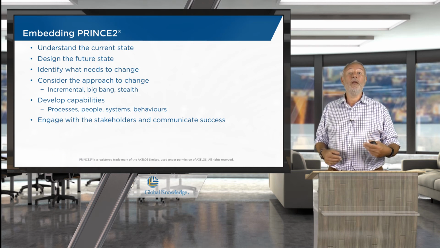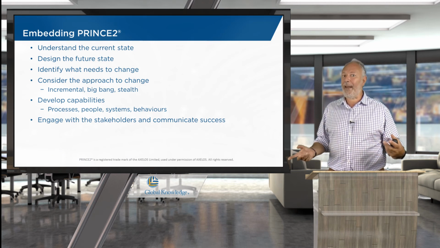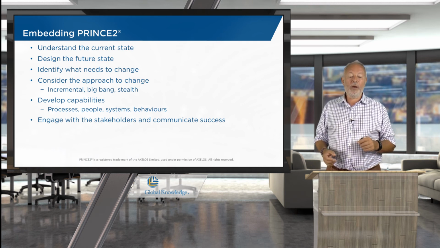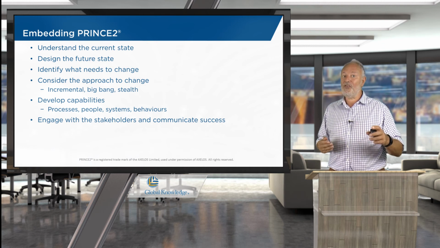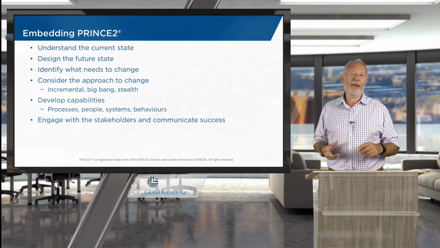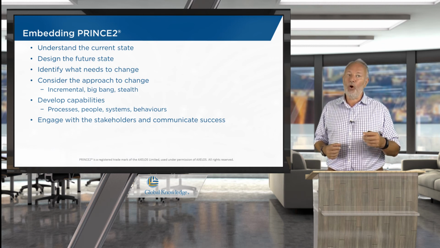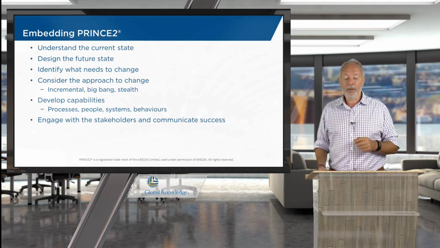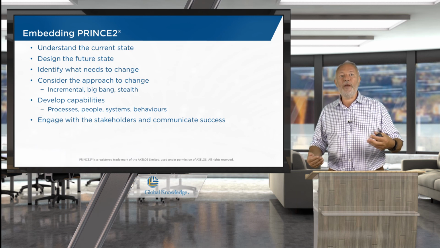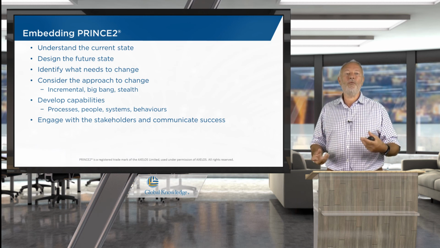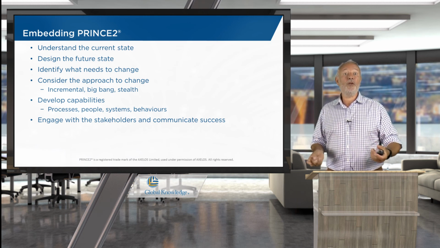That will give us the work that needs to be done, and therefore a plan. We need to consider how we're going to do that. Incrementally is generally the best way. Big bang is usually not very successful, but could be done. And by stealth, slowly but surely changing things so that people don't realise, and then suddenly they're doing PRINCE2.